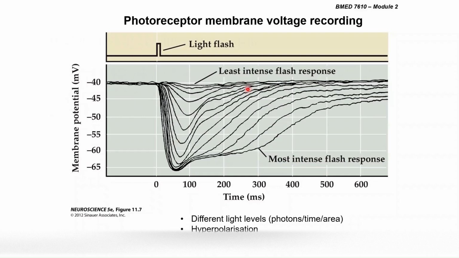For the photoreceptor membrane voltage recording, when there's a signal at time 0, depending on the intensity of the light, whether it's dark or bright, they show a different membrane potential or peak voltage. However, one thing to notice is that this time scale of 600 milliseconds is quite long for them to go back to their steady state. So it's a slow process.